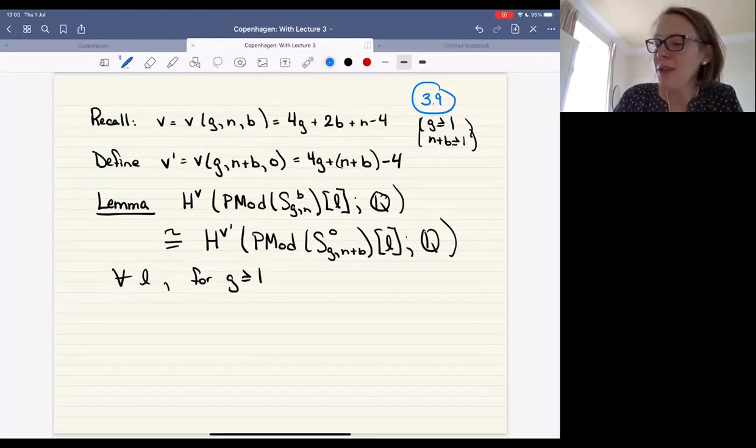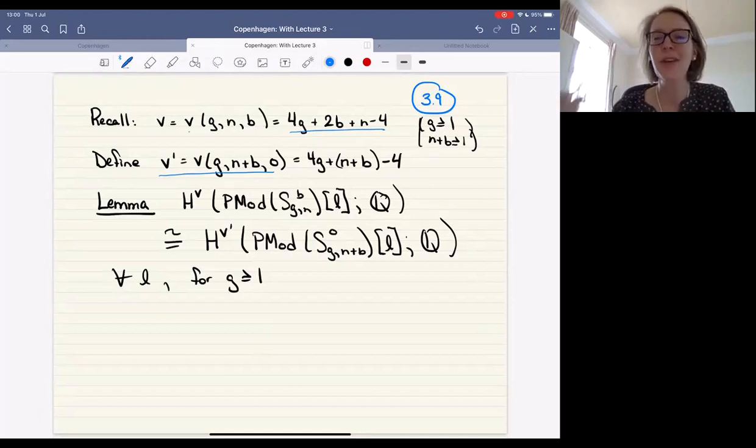So in the general case, this is our VCD. And what I want to do is compare that to the case where I have shifted all my boundary components into punctures. You can think of topologically what's going on there as filling in a disk.